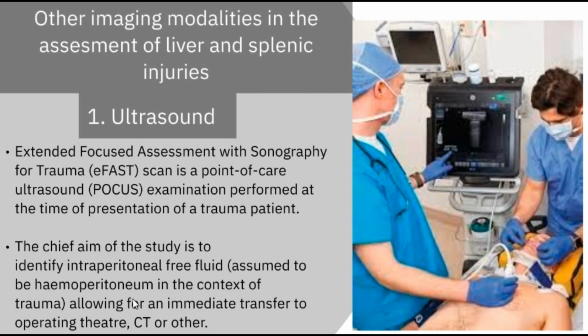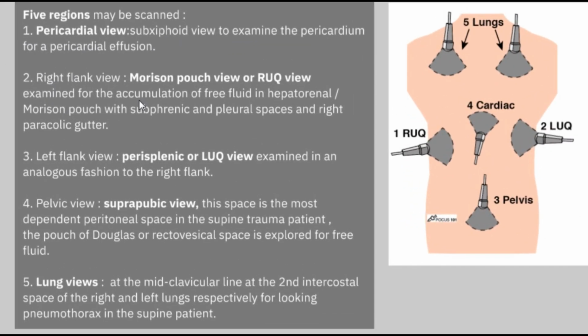So it's not necessary to detect the solid organ injury itself. But when we find free fluid, this will guide us to transfer the patient either to laparotomy if unstable, or to the CT scan or follow up. So ultrasound plays a major role.